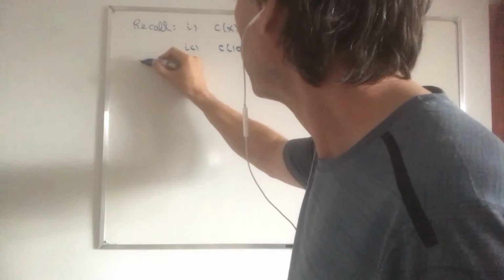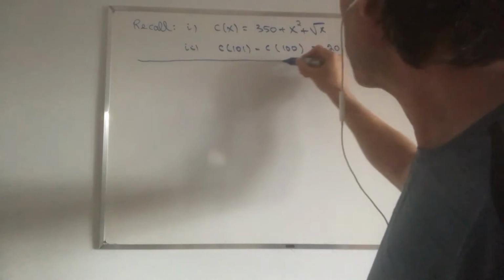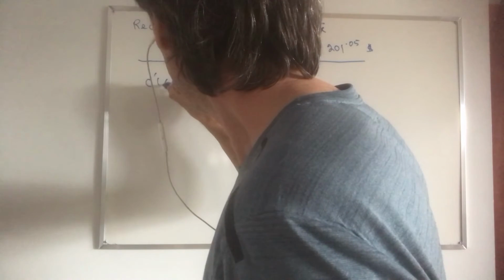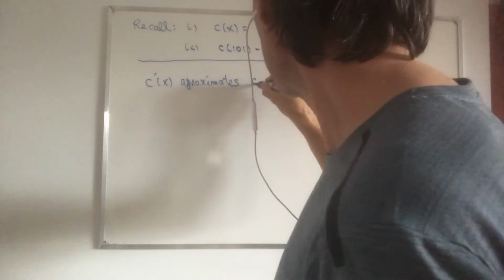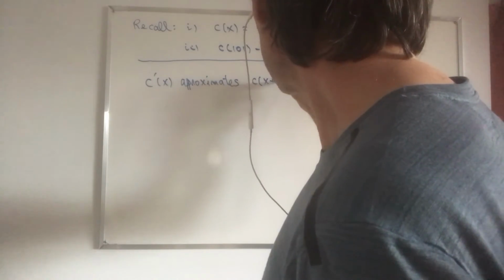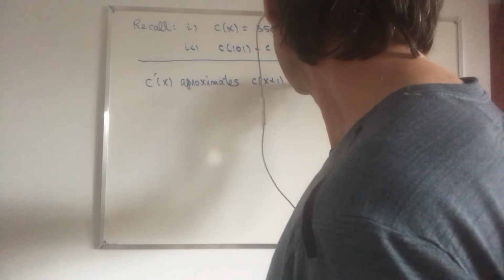Now, C prime of x is supposed to approximate C of x plus 1 minus C of x.